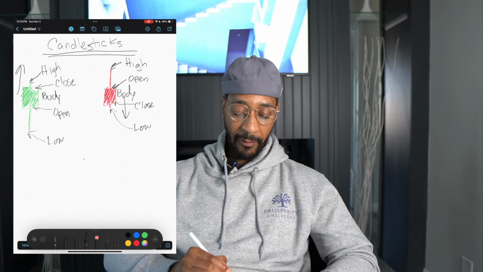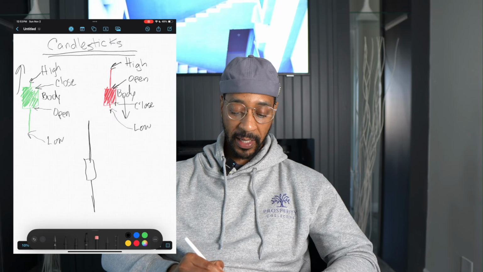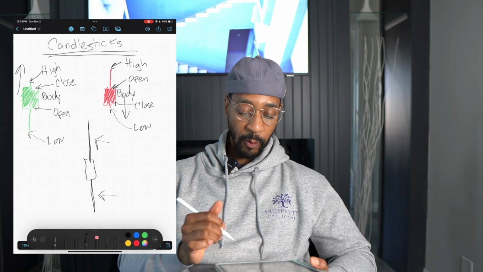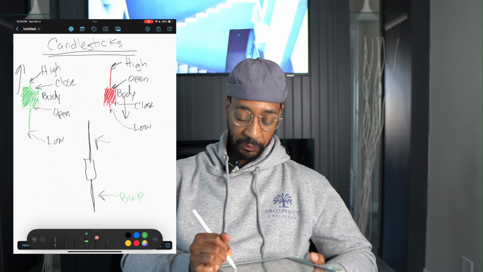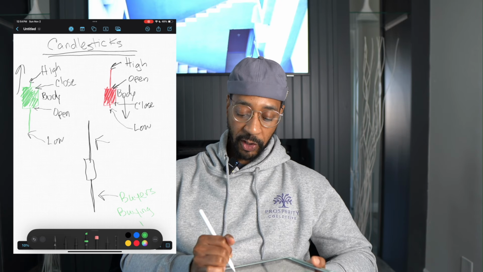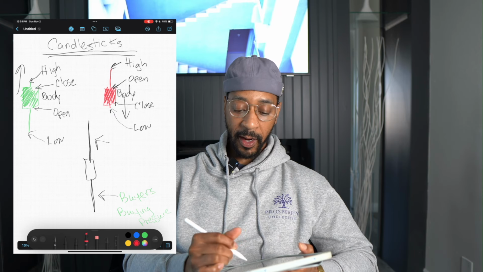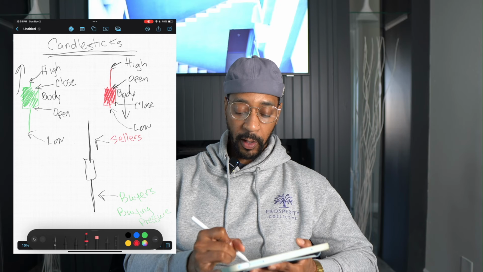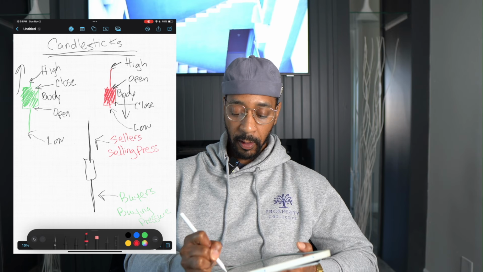So if we have a candle with a big wick like this and a big wick like this, here we have buyers, or you can say buying pressure, and here we have sellers, or selling pressure, all right?